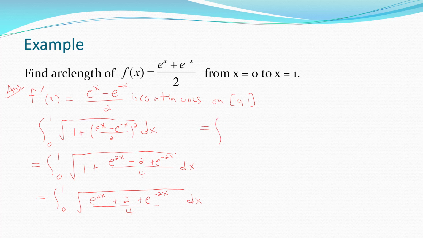Here, though, we can rewrite it as the integral from 0 to 1 of the square root of (e^x plus e^(−x)) all over 2, and that thing is being squared, dx. Now the square and the square root cancel, giving me the integral from 0 to 1 of (e^x plus e^(−x)) all over 2 dx.